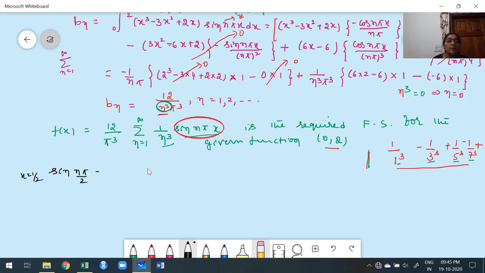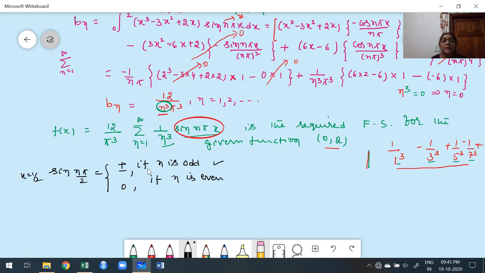Sine of n pi by 2. Sine of n pi by 2 is plus or minus 1 if n is odd, and 0 if n is even. I don't want even values. I only require odd, and in the odd I want the plus and minus sign.